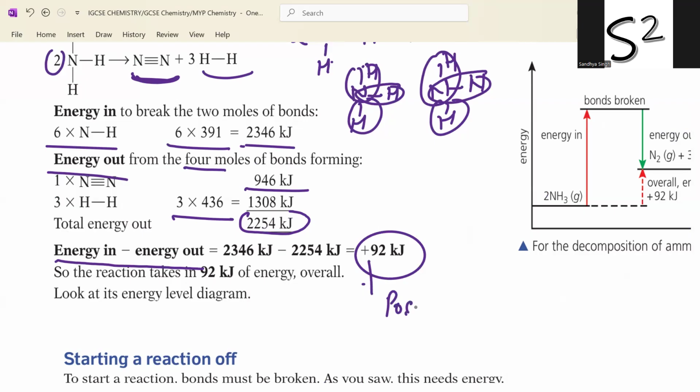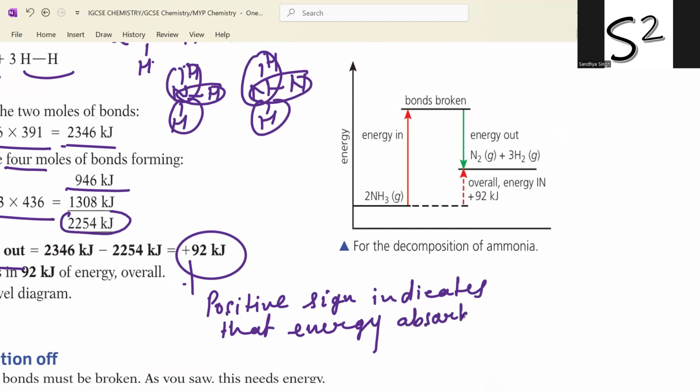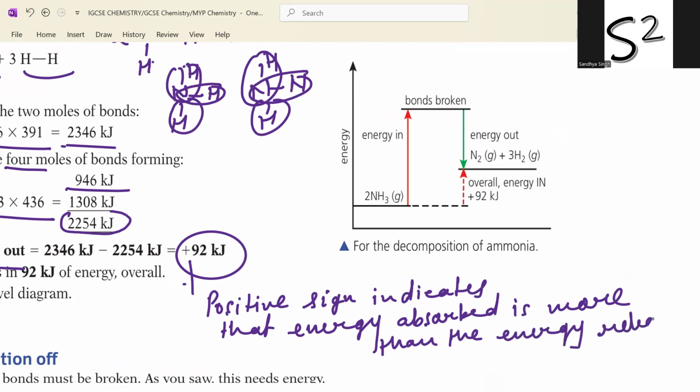A positive sign indicates that energy absorbed is more than the energy released. So this reaction is endothermic.